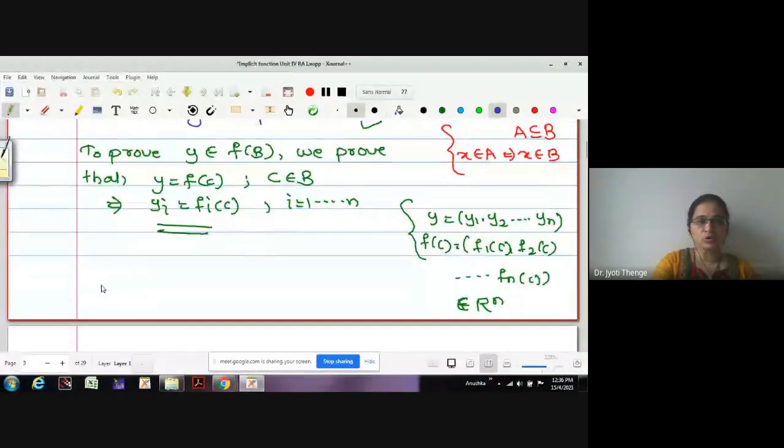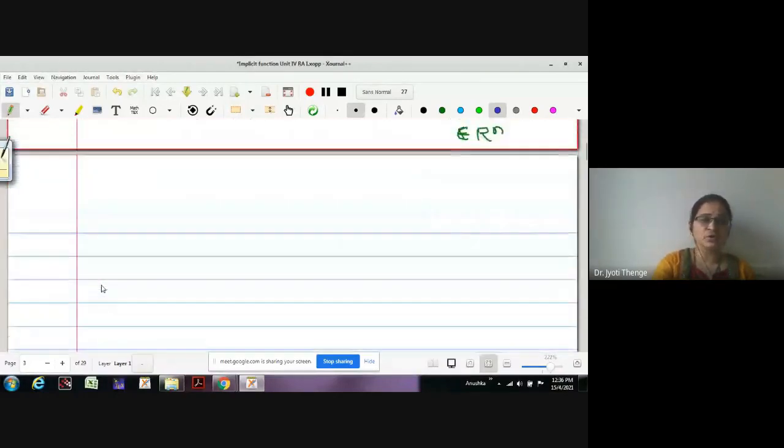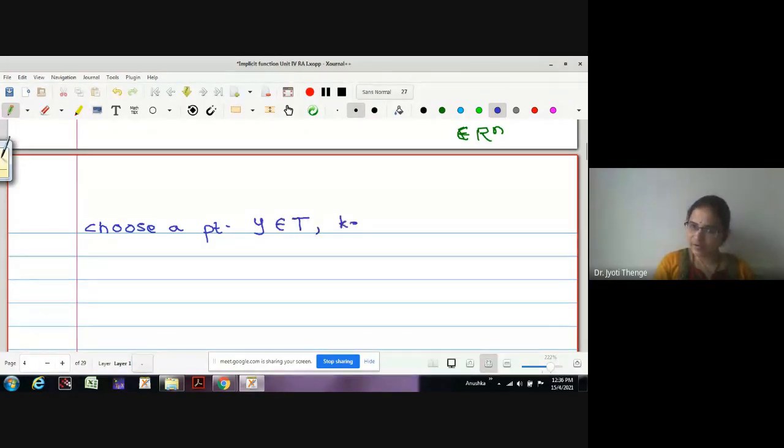Now again, in order to prove this y_i is equal to f_i(c), we are going to take help of a new real valued function, say h. For this, first we will fix the vector y. Choose a point y belongs to T and keep y fixed. We will fix y once and then we will go for its f image.